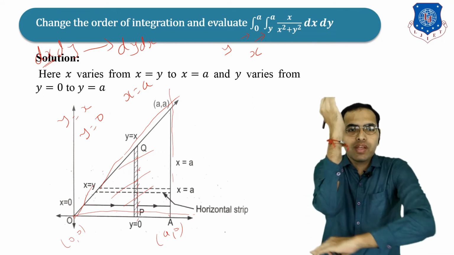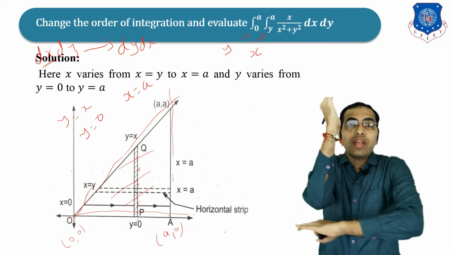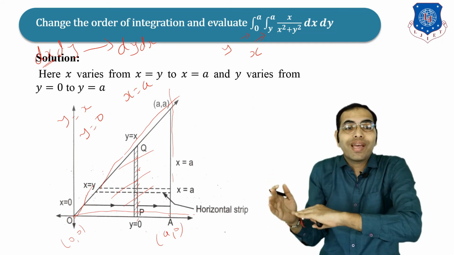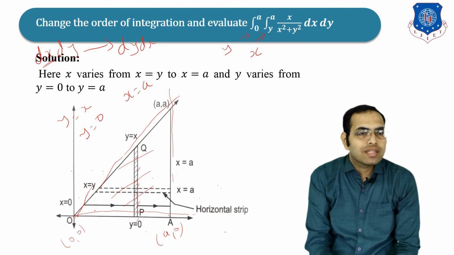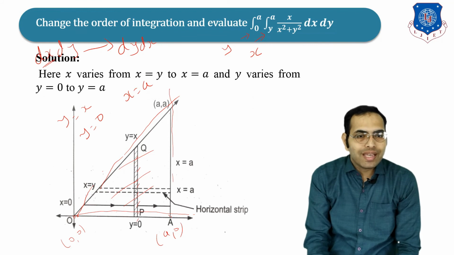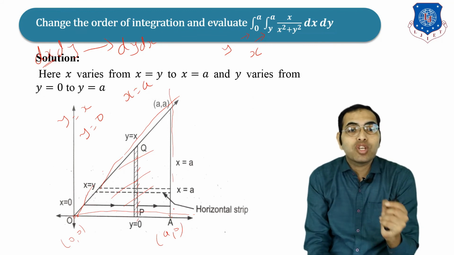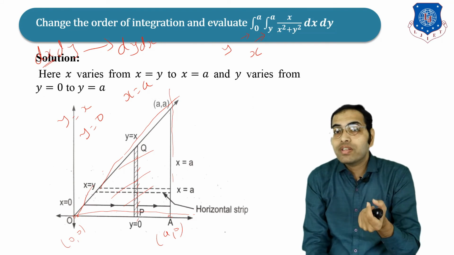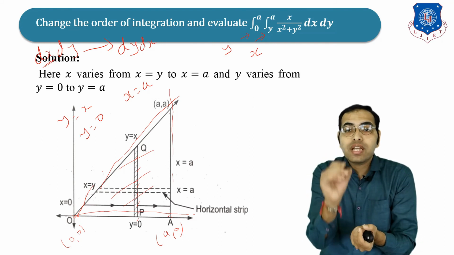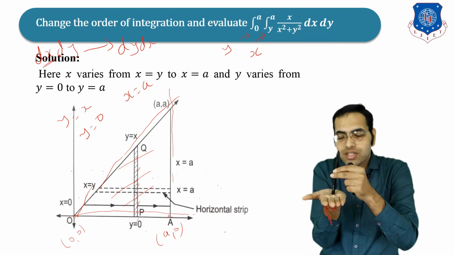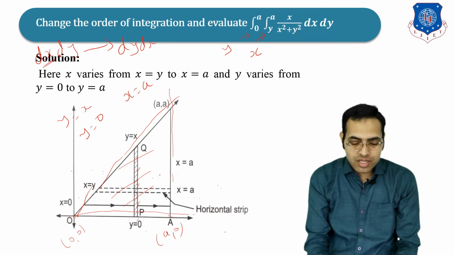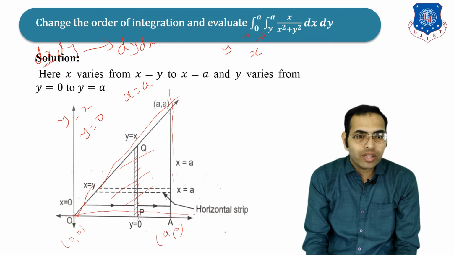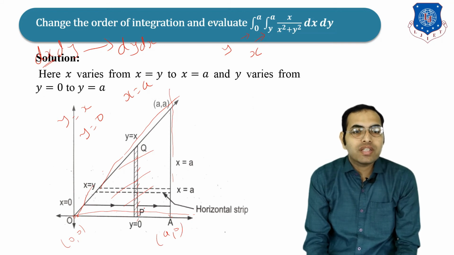If we consider the vertical strip, then we take the horizontal distance, from the minimum value to the maximum value. Here x lies between the minimum value 0 and the maximum value a, meaning x varies from 0 to a. Another limit is considered as a strip, meaning the bottom boundary and the upper boundary of the strip. The bottom boundary touches the x-axis, where the value of y is 0, and the upper boundary touches the line y equal to x.